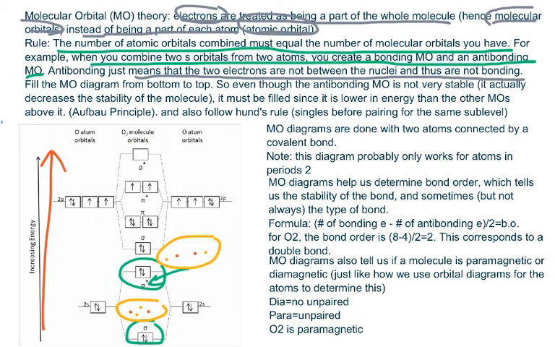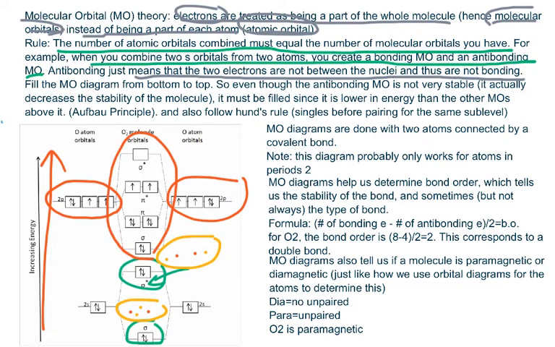And if you notice, we also have 2p orbitals, and these 2p orbitals combine to form a total of 6 molecular orbitals. So 3p orbitals here and 3p orbitals from the other atom. That means a total of 6 p orbitals, and thus you have 6 molecular orbitals, because according to the rule, the number of atomic orbitals must equal the number of molecular orbitals.